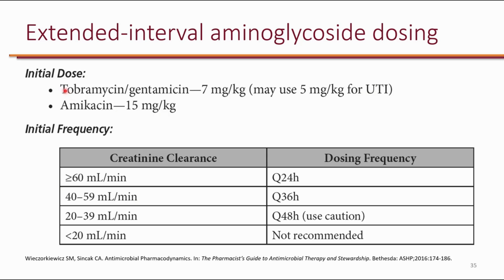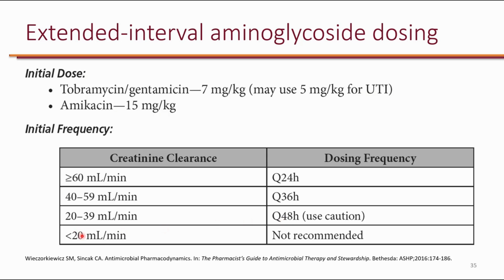The way it works is that initially you use a dose of 7 milligrams per kilogram for gentamicin or tobramycin, and you use almost twice as much for amikacin, so 15 milligrams per kilo. For normal renal function, this is once a day dosing. However, if the patient has renal insufficiency, for example creatinine clearance of 40 to 59, then you set the frequency to every 36 hours, and for 20 to 39 you set the frequency to every 48 hours.